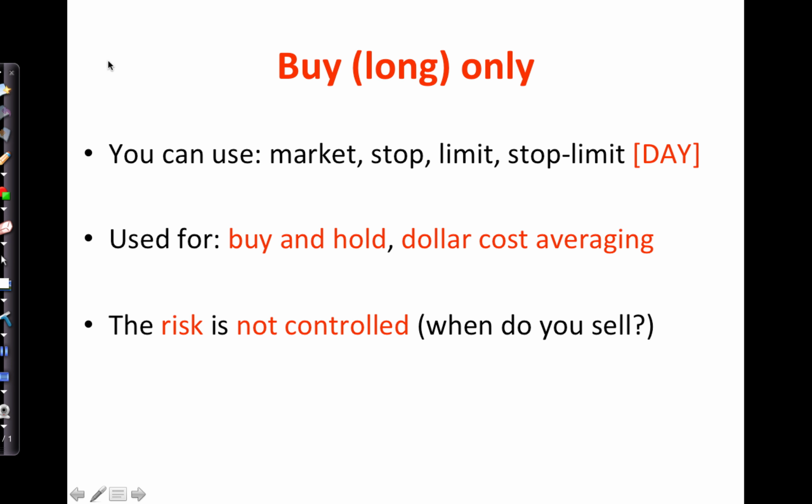So let me show you, for example, how the dollar cost averaging strategy works. This strategy requires you to specify an amount of money, let's say $1,000, that you want to invest every, let's say, 3 months or 6 months, you decide.